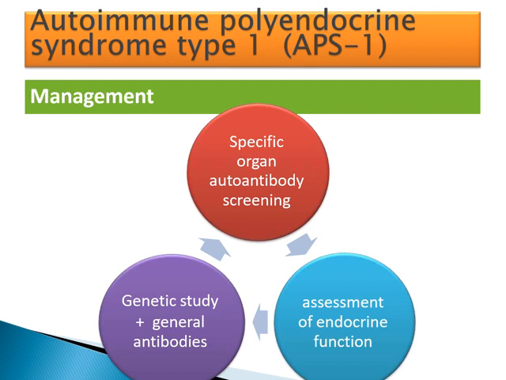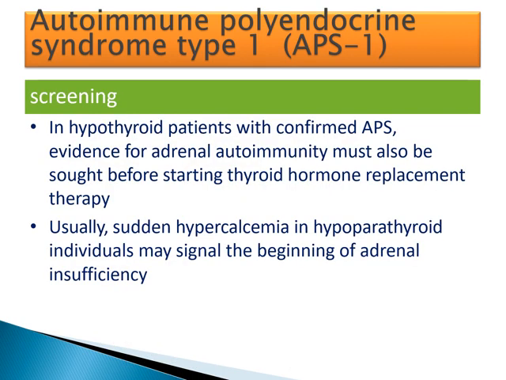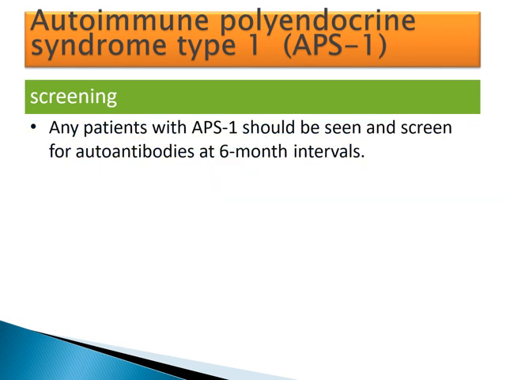In hypothyroidism patients with confirmed APS, evidence for adrenal autoimmunity must also be sought before starting thyroid hormone replacement therapy. Sudden hypercalcemia in hypoparathyroid individuals may indirectly signal the beginning of adrenal insufficiency. Any patient with APS1 should be seen and screened for autoantibodies at regular 6-month intervals.